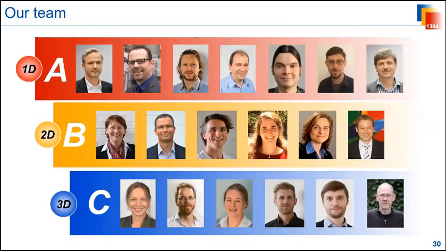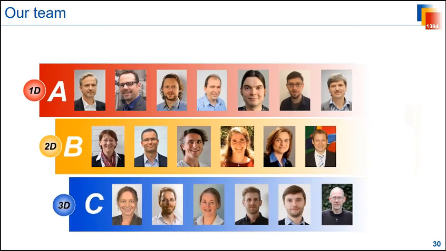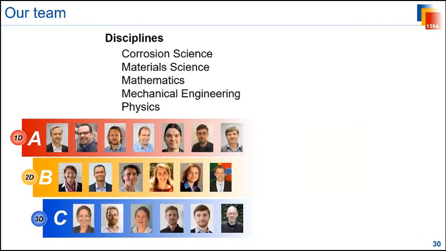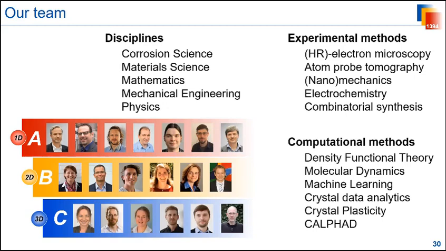Now, that's the team of PIs that originally put together this proposal, the new concepts that have been assembled from different disciplines. And there are different disciplines like corrosion science, materials science, mathematics, mechanical engineering, and physics, and they'll all be important to this project. And all the PIs bring together the experimental and computational methods that we need.